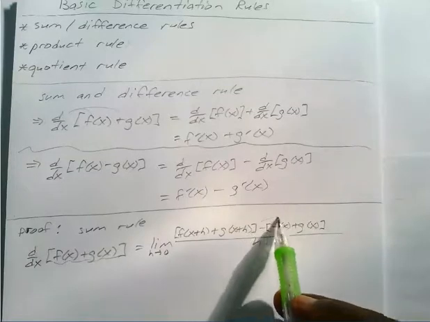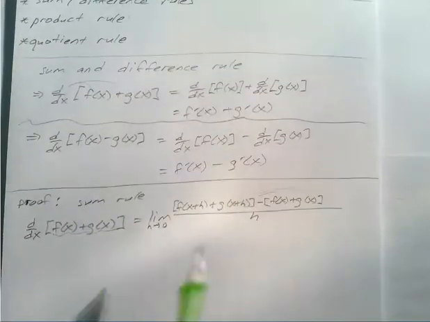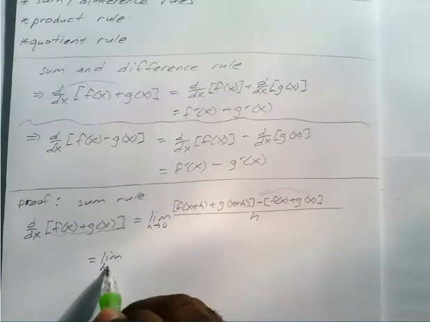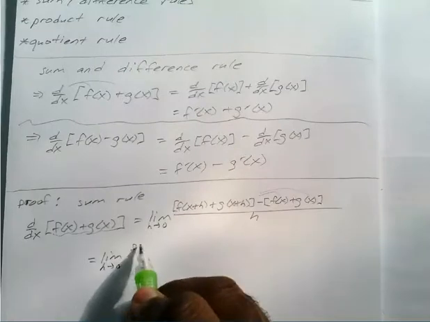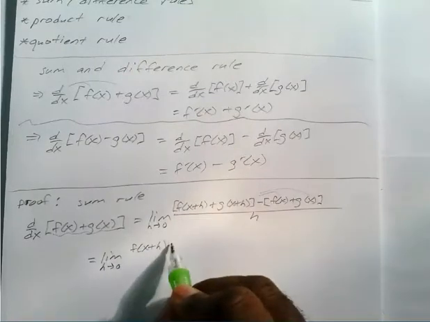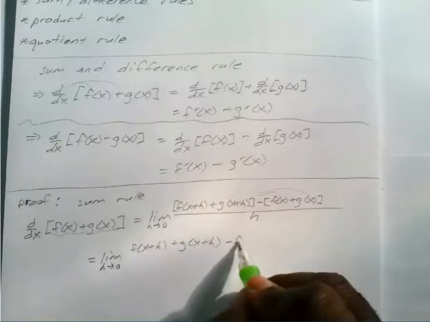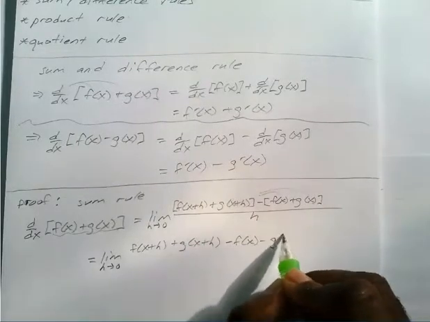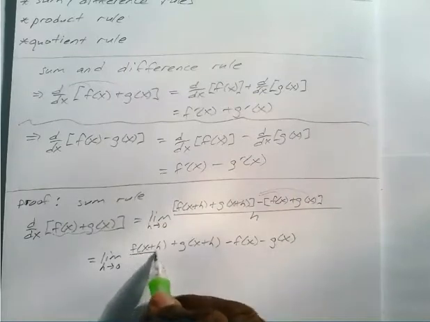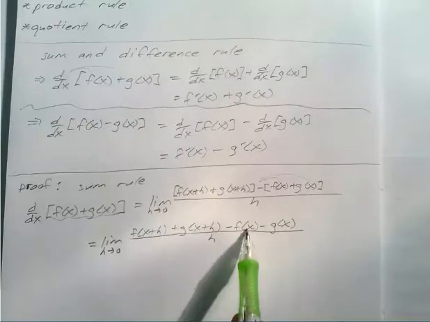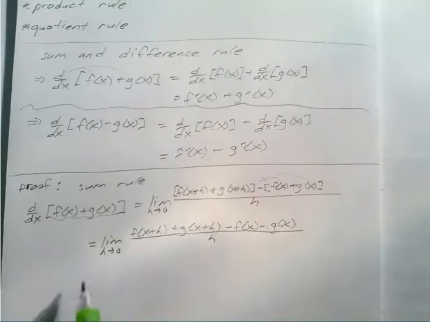Alright, so we're going to distribute that minus sign, move the equal sign over a little bit. So we have the limit as h approaches 0 of f of x plus h plus g of x plus h minus f of x minus g of x, and all of that over h. Now we're going to shuffle these around a little bit.